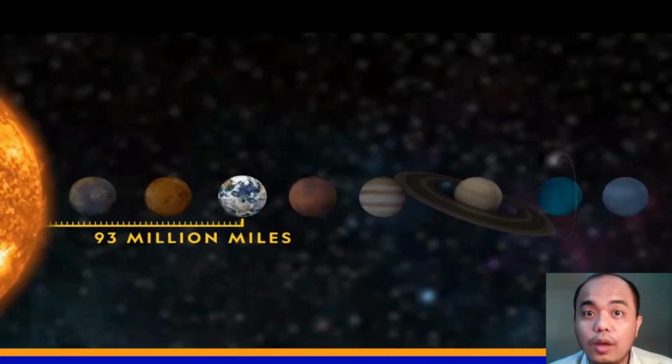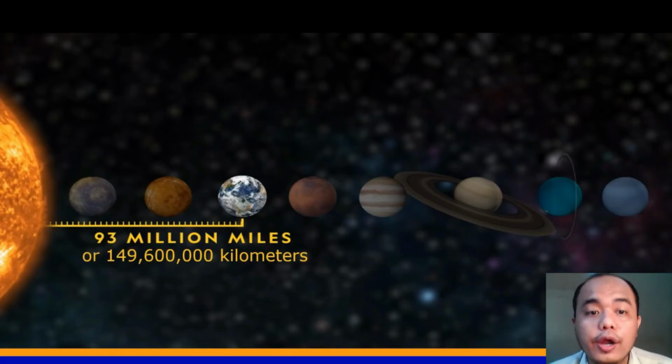As we all know, the average distance of planet Earth from the Sun is about 93 million miles, or that's 149,600,000 kilometers. A simplified number is used to describe a planet's distance from the Sun. Kasi medyo mahaba, class, kung gagamitin natin ang kilometers in determining the distance from the Sun.